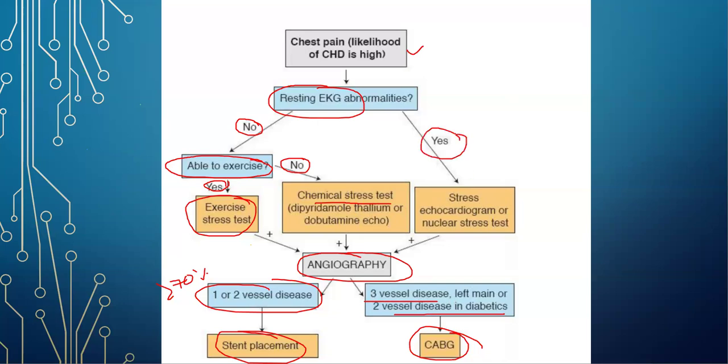But if there are resting ECG abnormalities, then you will go for either exercise thallium or exercise echo. Okay. So this is actually the step-by-step approach that a cardiologist follows day by day. This is what is supposed to be followed in this kind of patient.